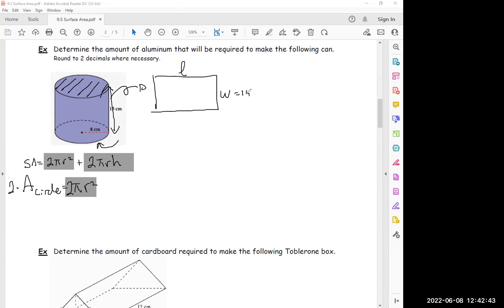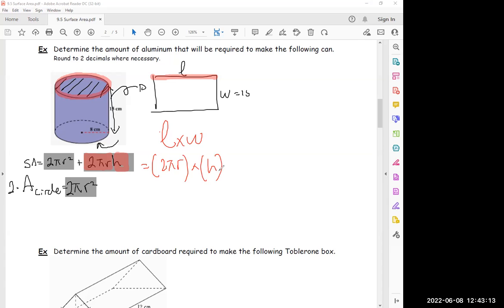The width is still 15. But check out my highlighting. My length here, if I rolled it up, is this. That's why we have length times width. My length times width is circumference times the height.